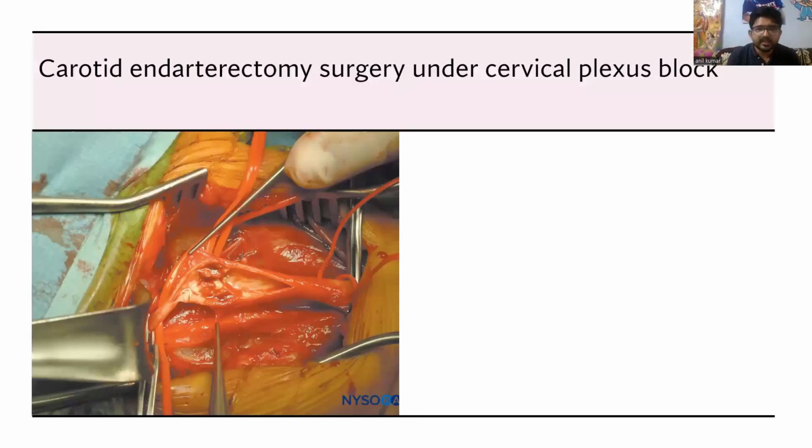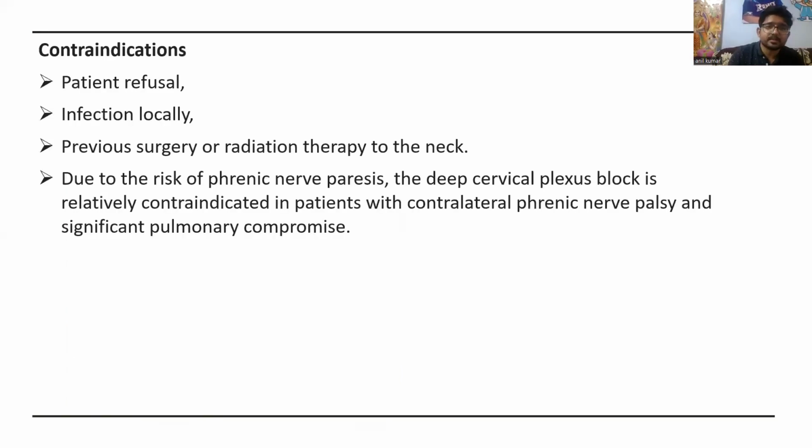This carotid endarterectomy surgery can be done under cervical plexus block. Both superficial and deep cervical plexus blocks will be done, in an awake patient, just by blocking the superficial and deep cervical plexus.